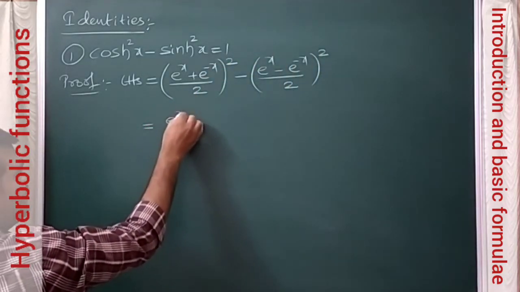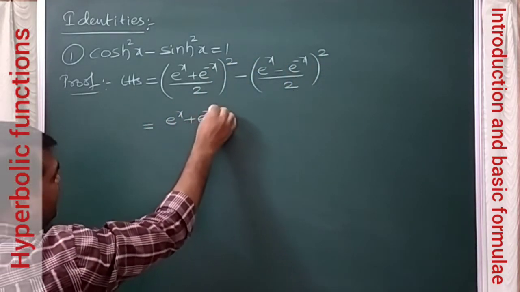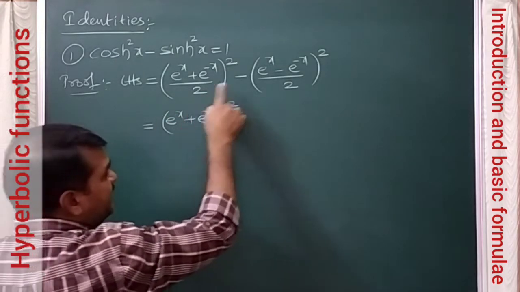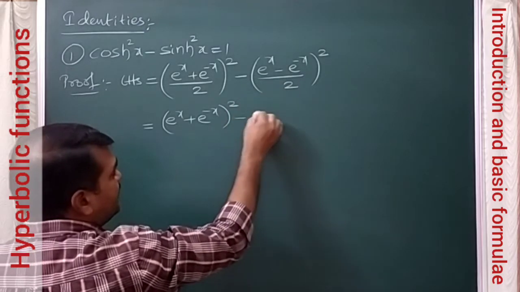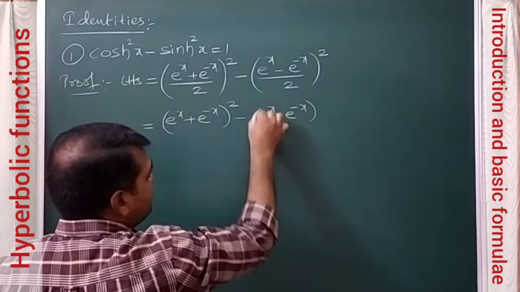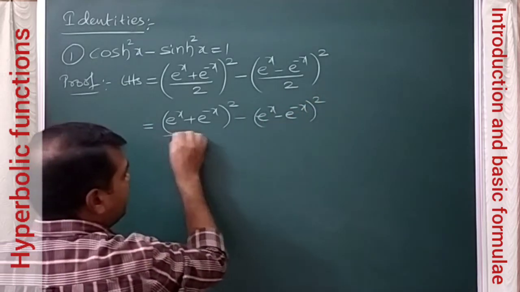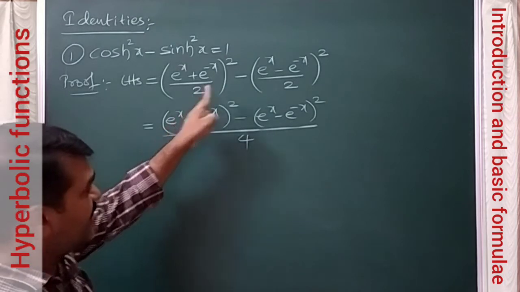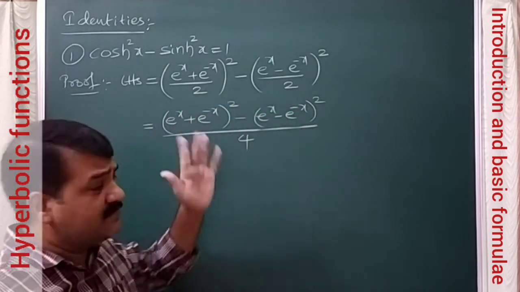So I can write this as e power x plus e power minus x whole squared. Now the denominator is the same, so I am combining the numerators. Common denominator 4, that is 2 squared.